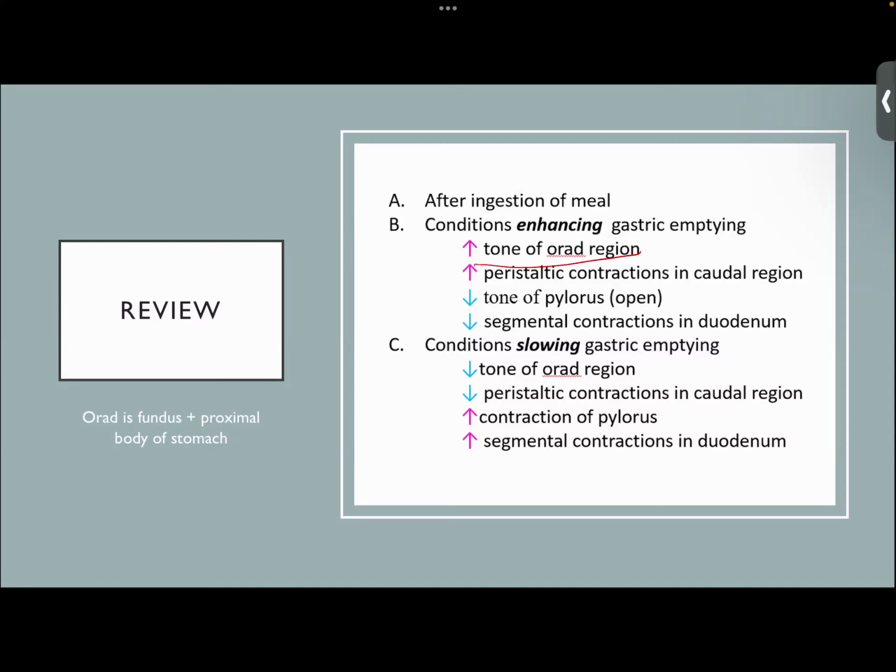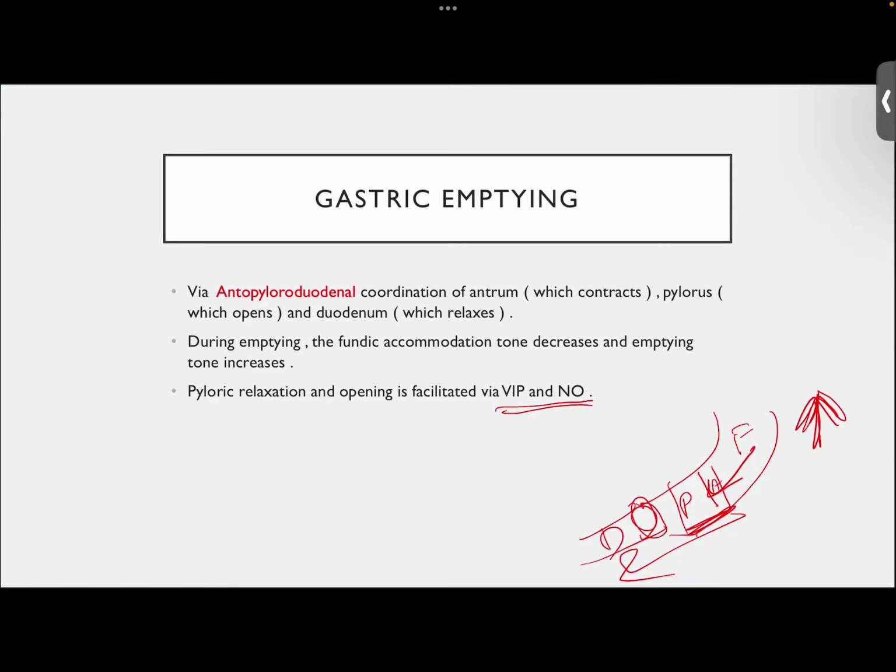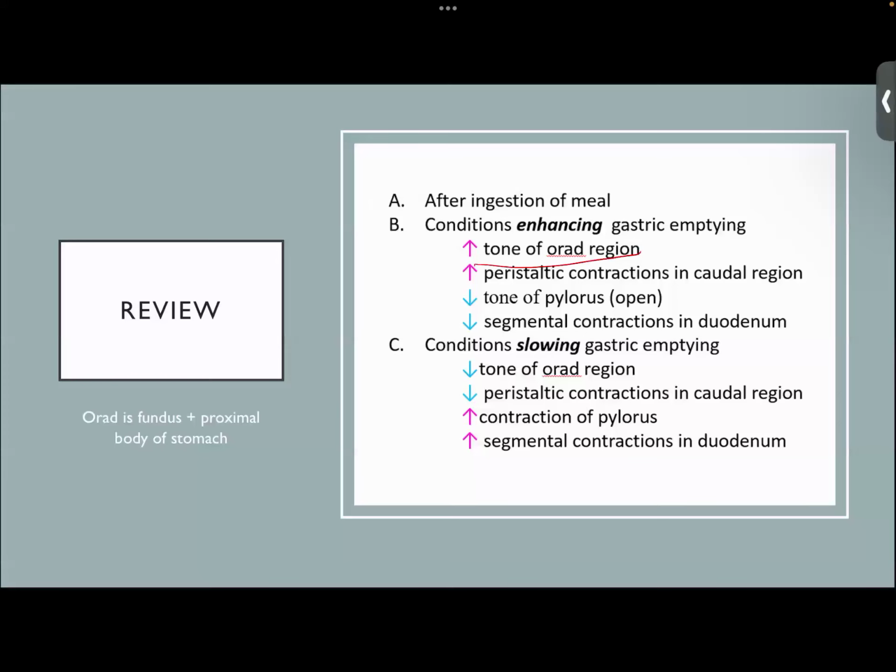So the fundus plus the proximal body of the stomach, which is this part, the line here, that's the orad. If you have increased tone, obviously that's going to push the food towards the antrum, where it can undergo antropyloroduodenal coordination. Increased peristaltic contractions in the caudal region, okay?